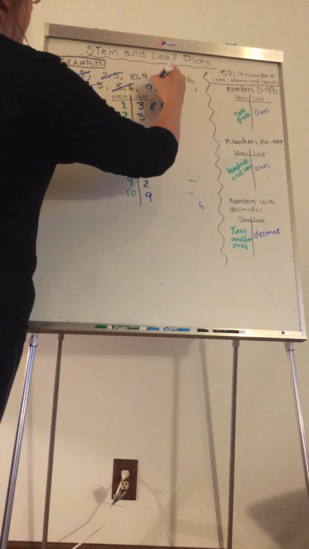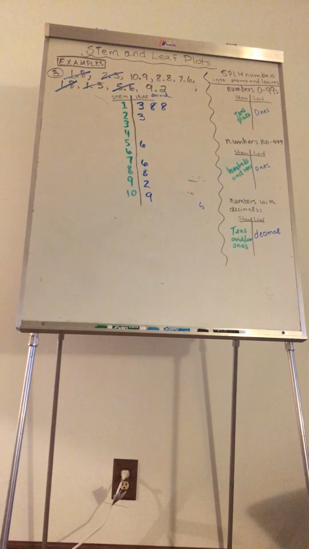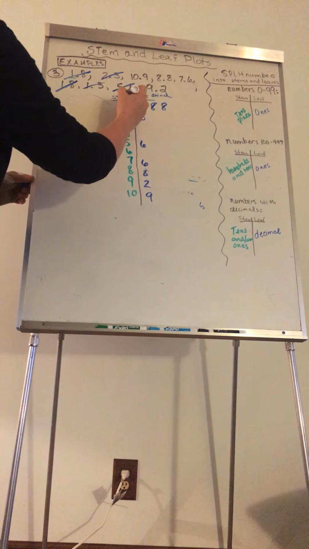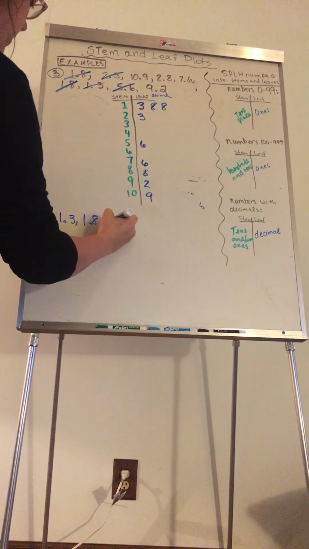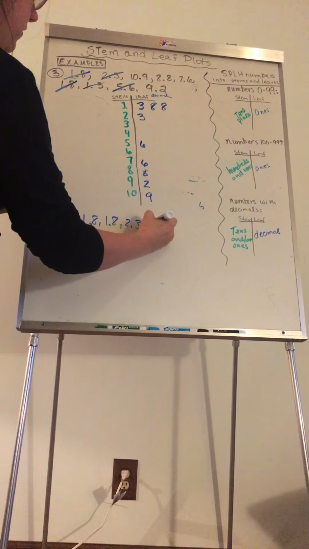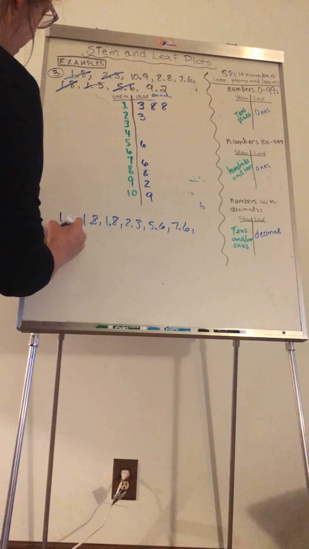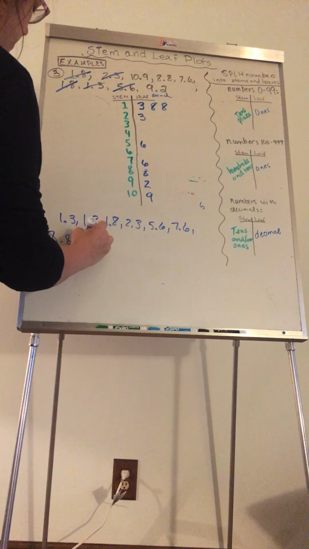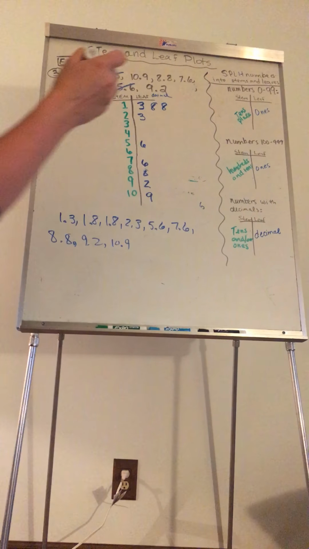And again, if I were to take the numbers from this and rewrite them, say if I wanted to find the median, I would write them in order: 1.3, 1.8, 1.8, 2.3, 5.6, 7.6, 8.8, 9.2, and 10.9.